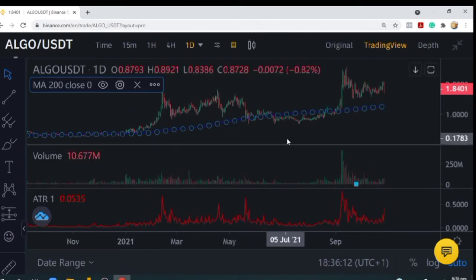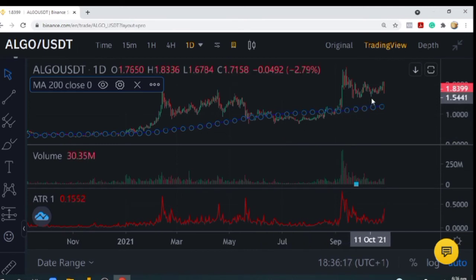Basically, if the price of the asset is above the 200-day moving average, then we know it is an upward trend. And if the price is below the 200 moving average, then it is a downward trend.